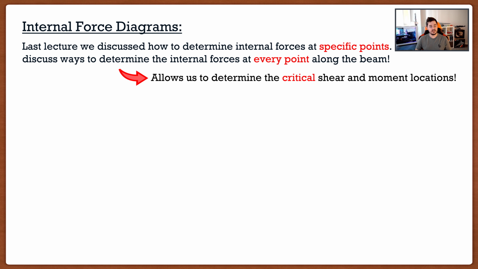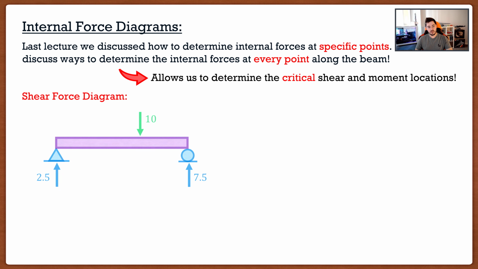So what we're basically going to do is take our beam, which I have pictured here, and create a diagram that looks something like this. For this particular loading scenario, this is what our shear force diagram will look like. This is the distribution of shear throughout our beam. As we can see, it is constant on the left side of that point load, and then it changes, but is still constant on the right side of that load.